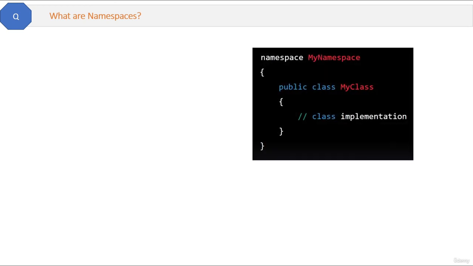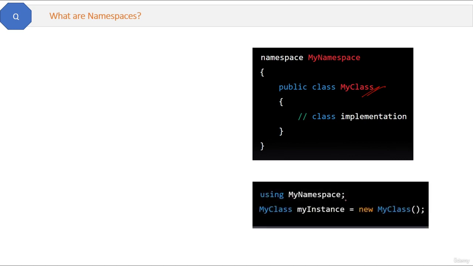Here is the question, what are namespaces? Namespaces are something like this. See, it's just a container which contains one or multiple classes. Now, whenever you need this my class in some other file for some other class, then there at the top you can use my namespace like this, and then you automatically get the class my class here. Then it is convenient to manage the import of the classes, right?